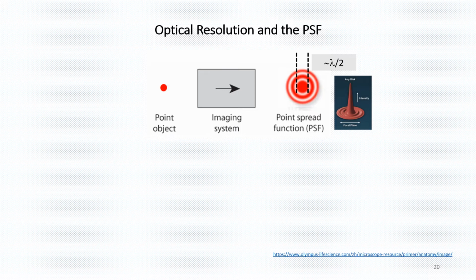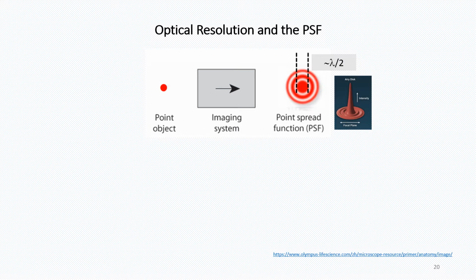This is called the point spread function, or PSF. The center bright area of the PSF is called the Airy disk, the size of which is about half the wavelength of light. This PSF reveals many of the optical properties of your microscope.